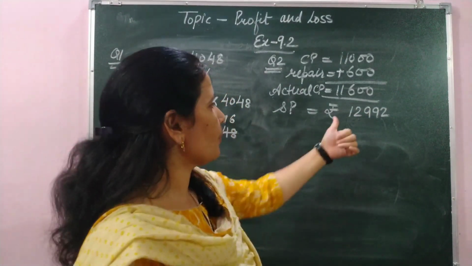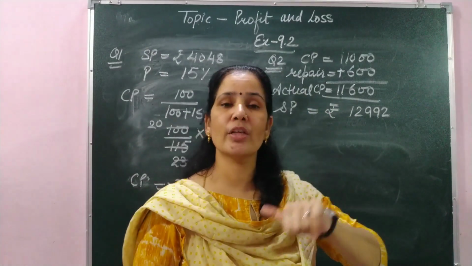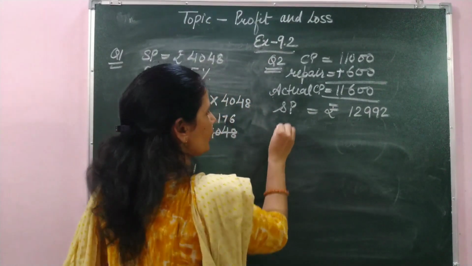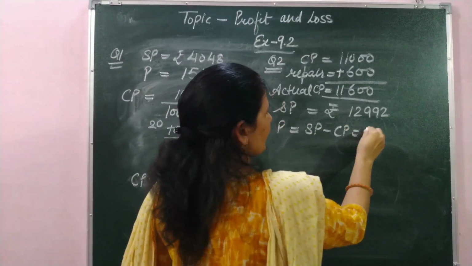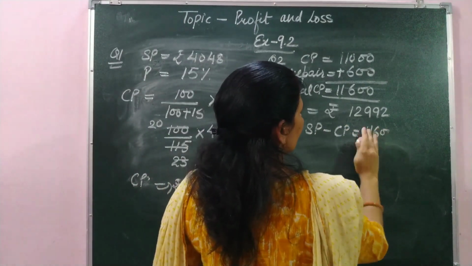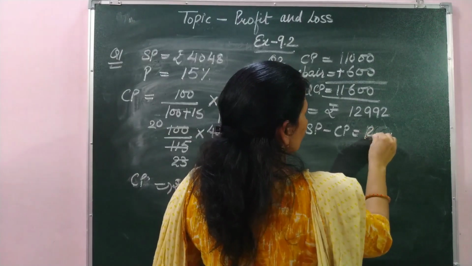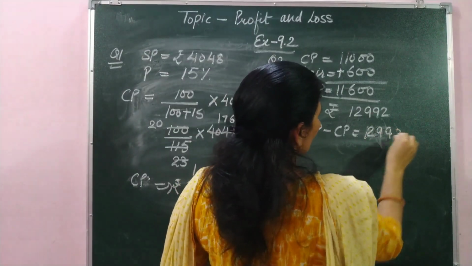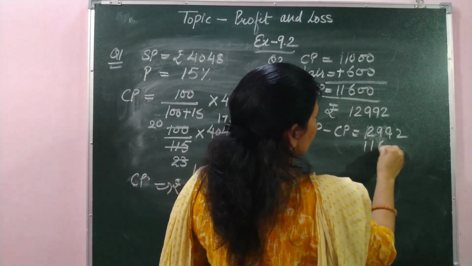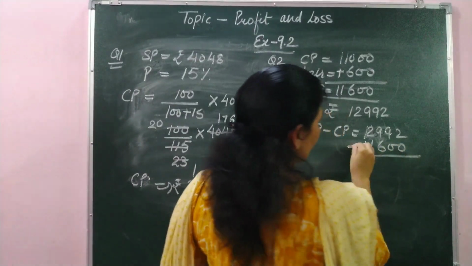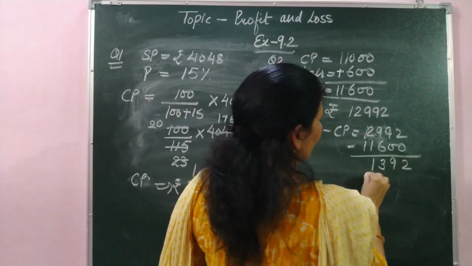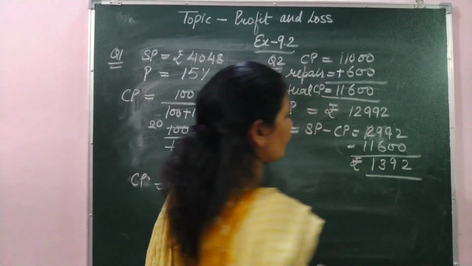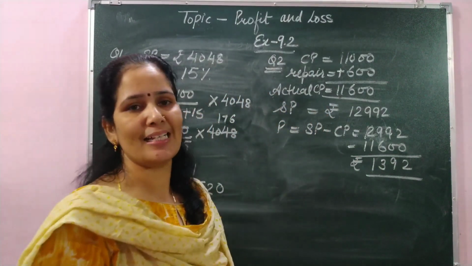So whenever the selling price is more than the cost price, we gain profit. So here profit is SP minus CP, that means 12,992 minus 11,600. When we subtract, we get rupees 1,392 as profit.